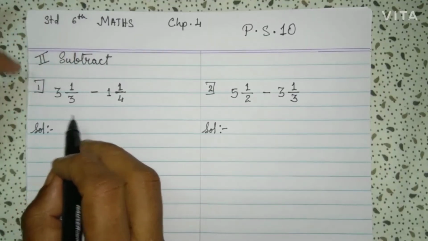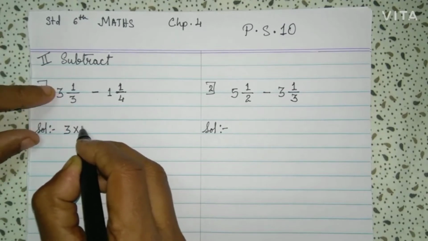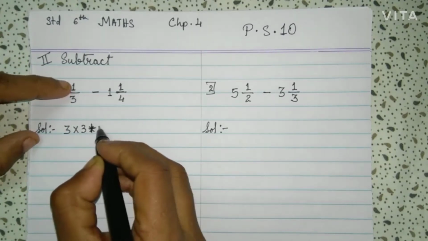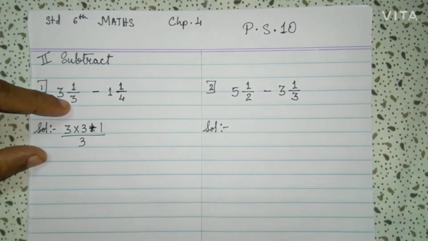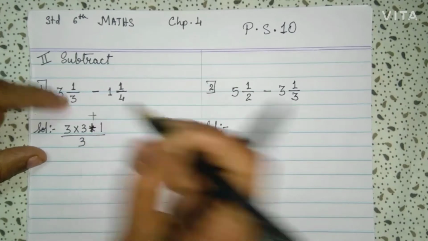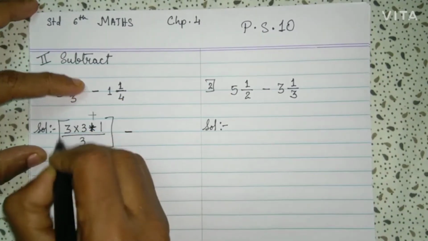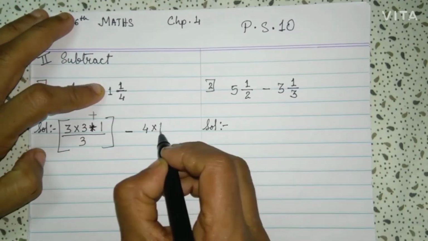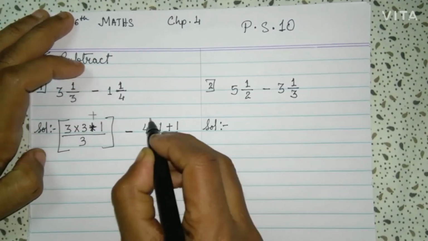Second sub question, subtract. So denominator 3 multiply by this middle 3, then addition 1. Yeah, addition. Okay. Then this subtraction: 4 multiply by 1, then plus 1 upon 4.